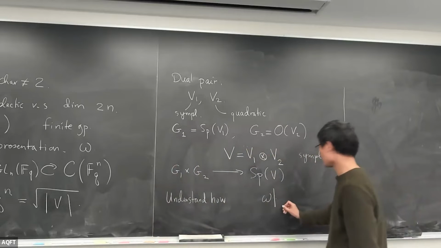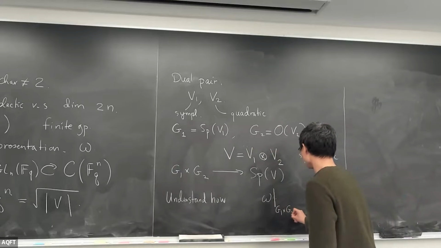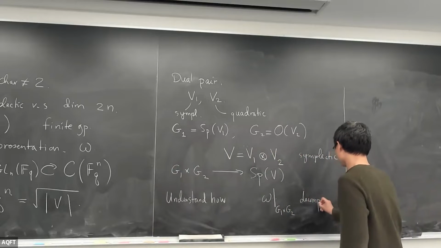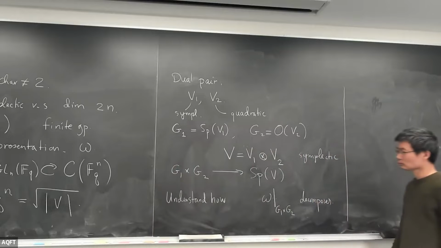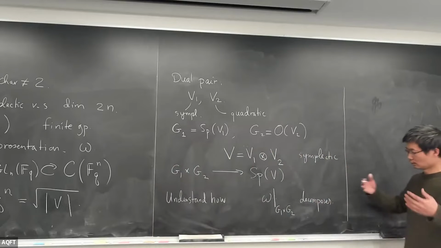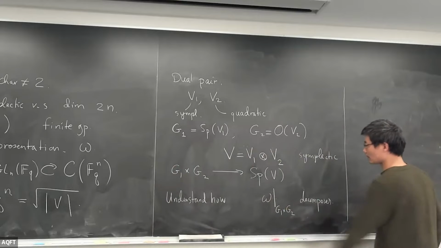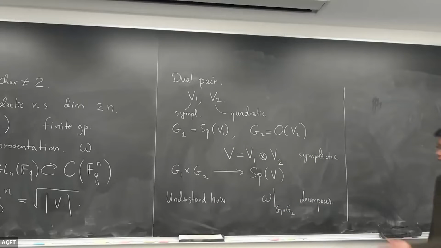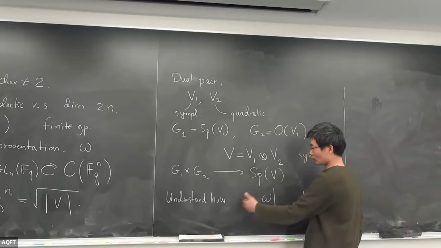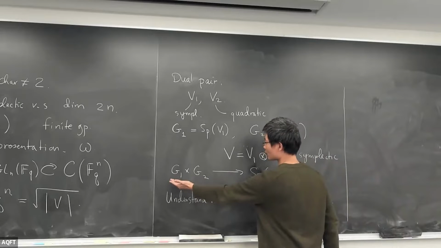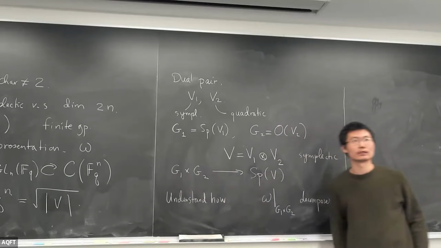This Weil representation pulled back to G1 times G2 decomposes. Okay, so in the ideal world, it would behave like a Schur-Weyl duality. We would like to set up a bijection between certain irreducible representations of G1 and certain irreducible representations of G2.